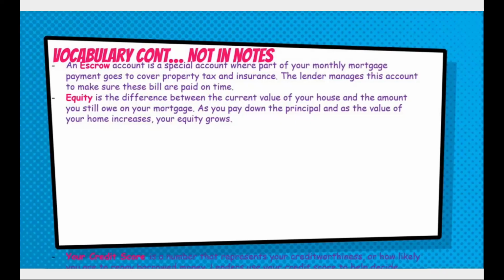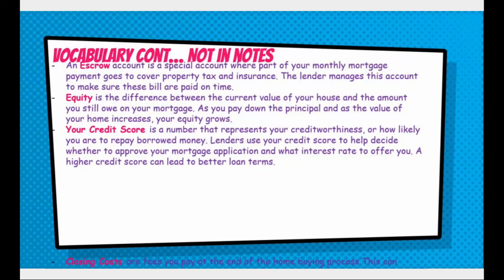So when you pay over time, you owe less and less, but the value of your home typically gets more and more. So when you buy a home today, you should be able to sell it for more than what you paid for it in a year or two, unlike a car. And so that difference is called equity.